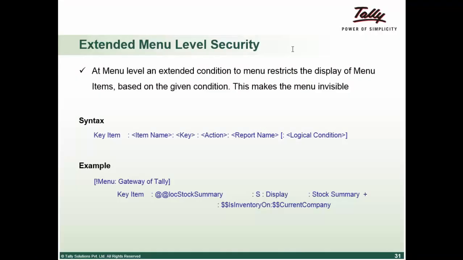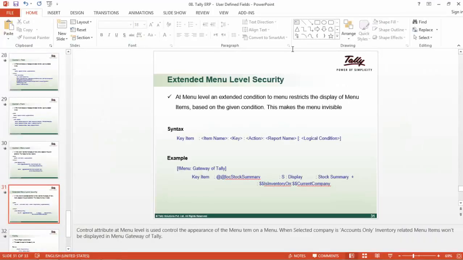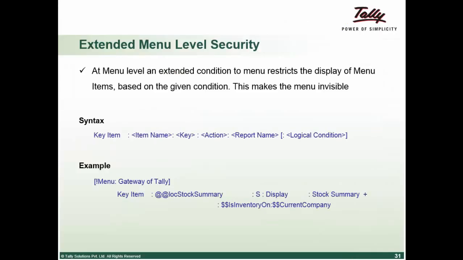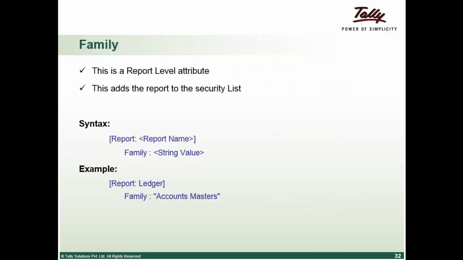Now say you do not want to make it visible or invisible based on active or inactive, but based on whether the user is allowed to give that or not.